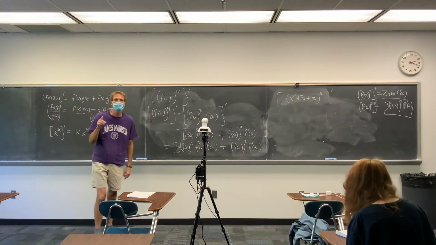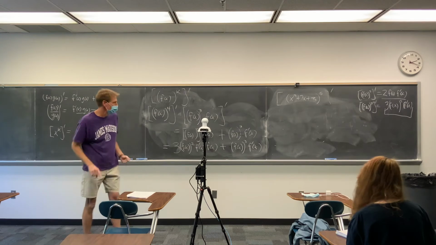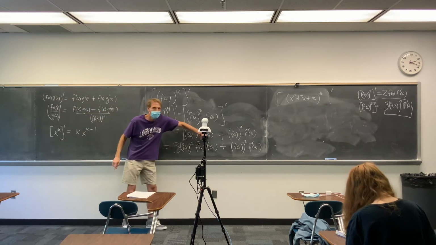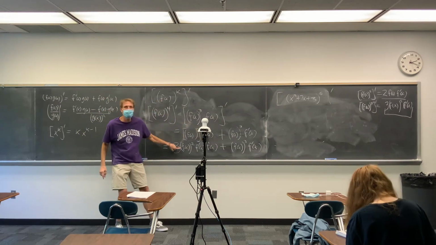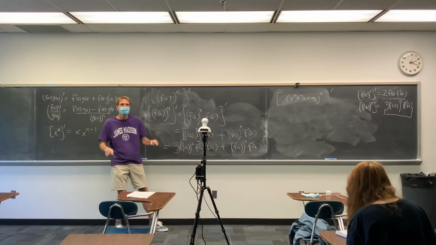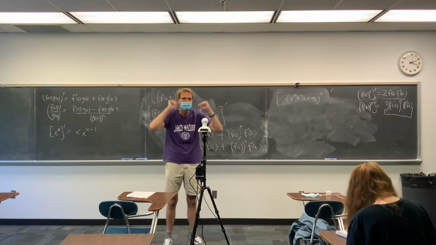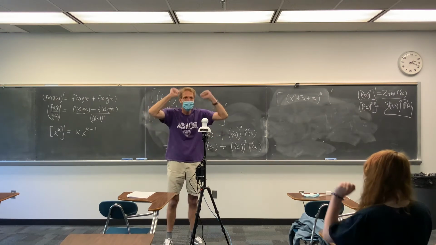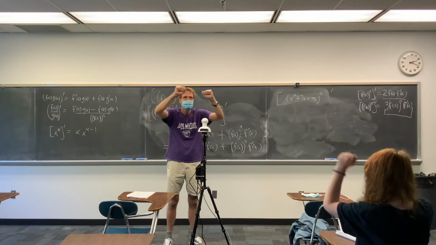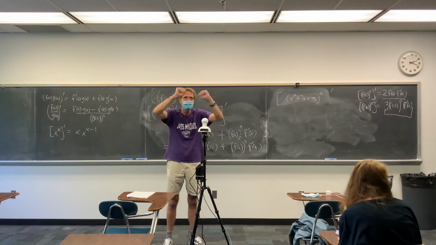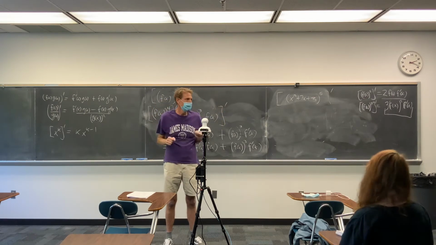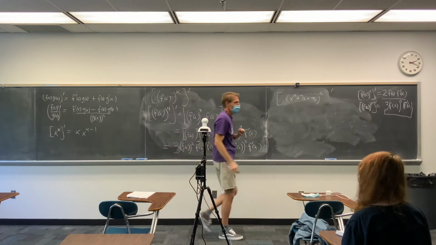Now, Lindsay, this is the move right here. If you have this f of x times f of x squared, what will you get? F of x to the third power. There you go. So everybody do that. Yes. Okay.